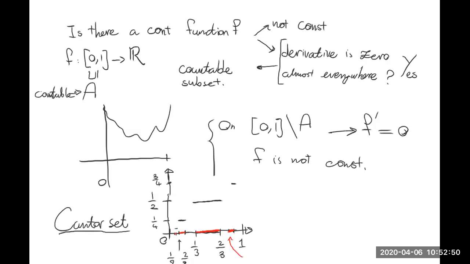Break the next interval and put a constant function there, and again break the interval from 2 over 3 to 1 and put a constant function there. If we keep continuing this process infinitely many times, we get a function which ends up being continuous.